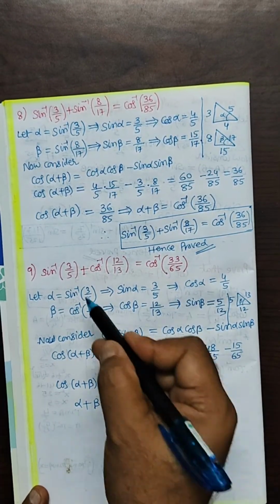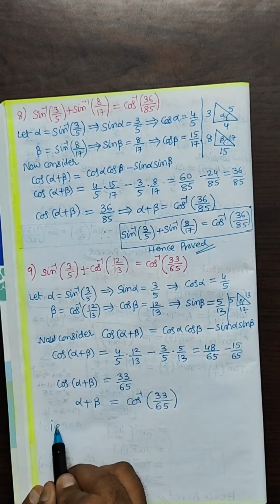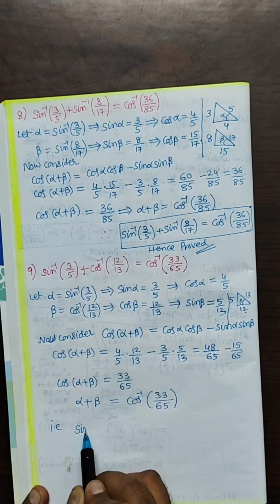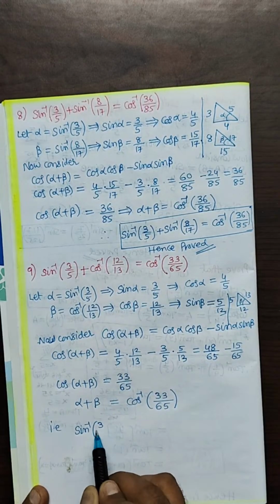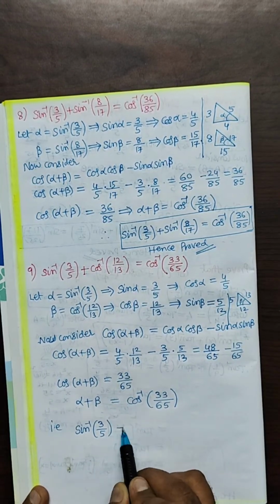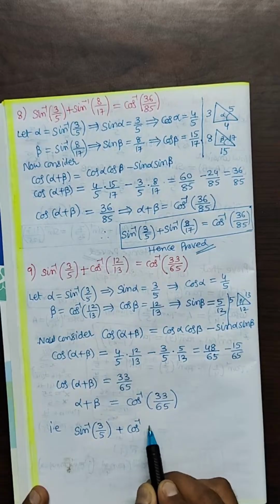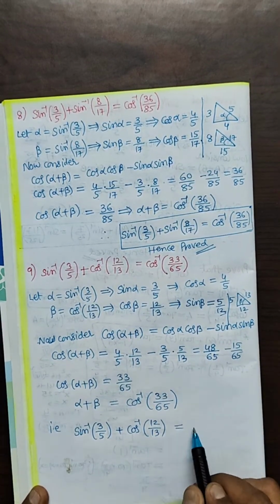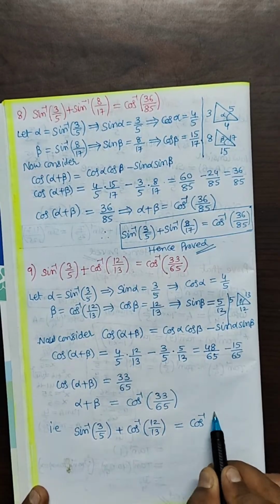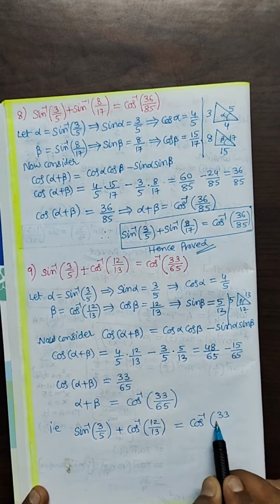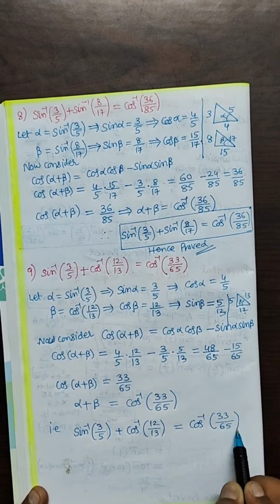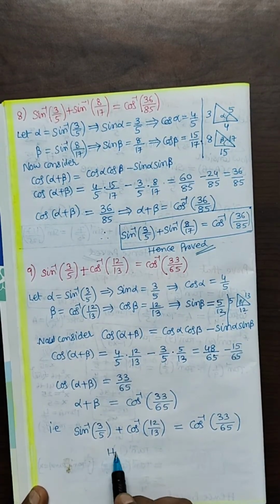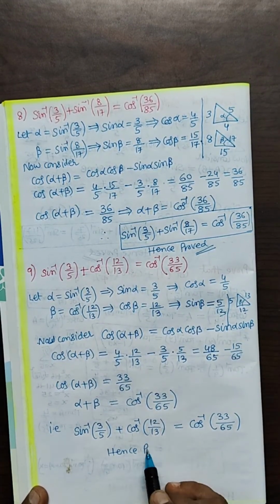So alpha and beta values we have, that is sin inverse of 3 by 5 plus cos inverse of 12 by 13 is equal to cos inverse of 33 by 65. Hence proved, dear students.